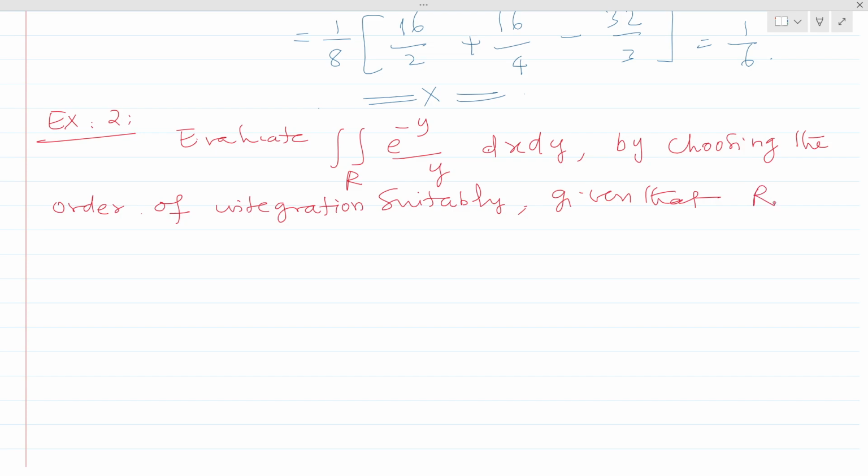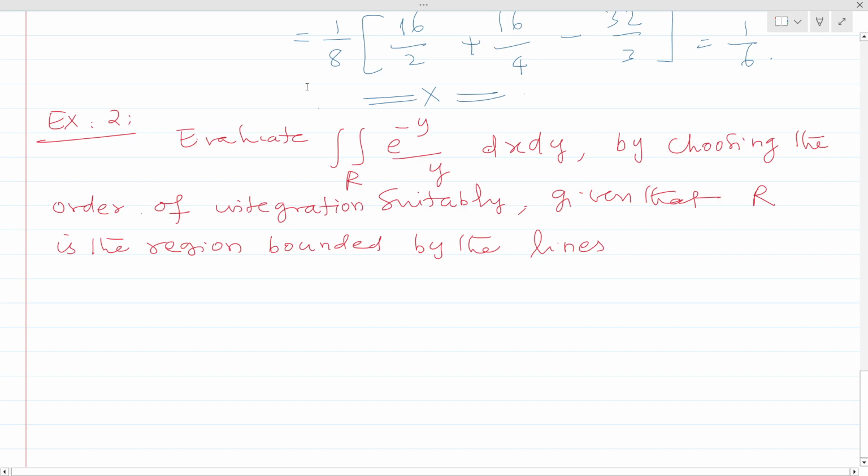Given that the region R is the region bounded by the lines x equal to 0, x equal to y, and y equal to infinity.